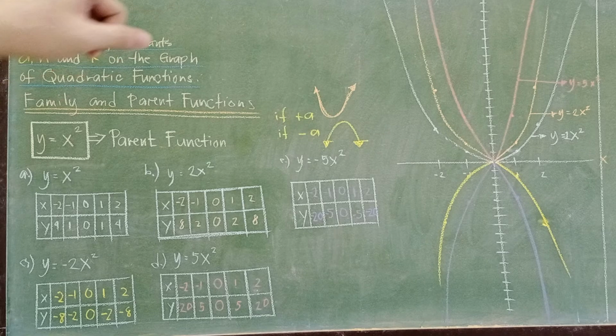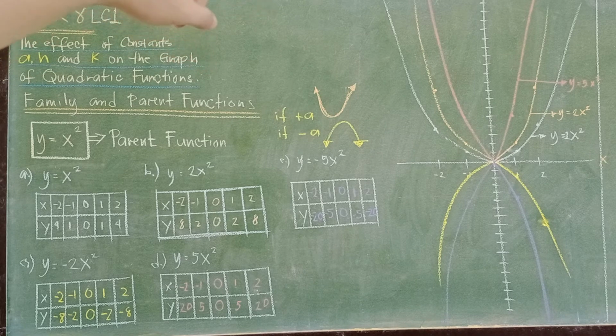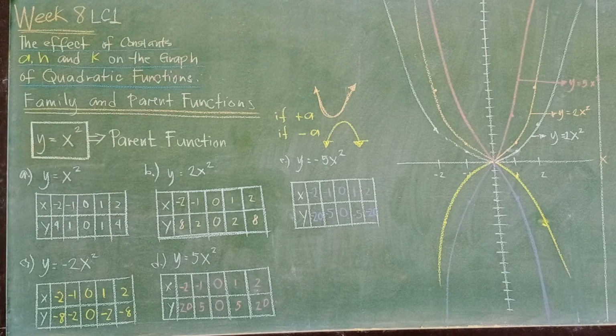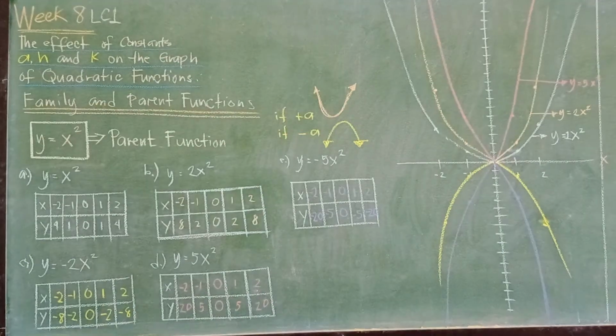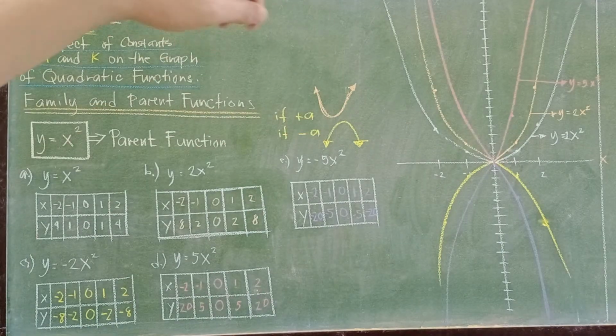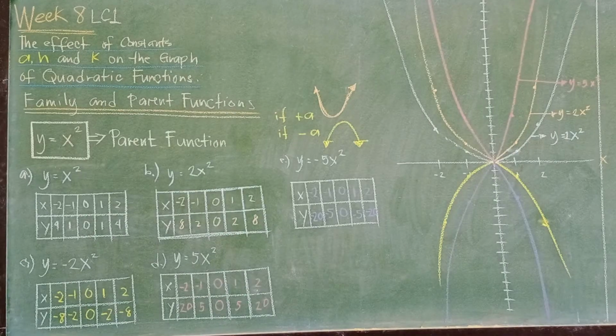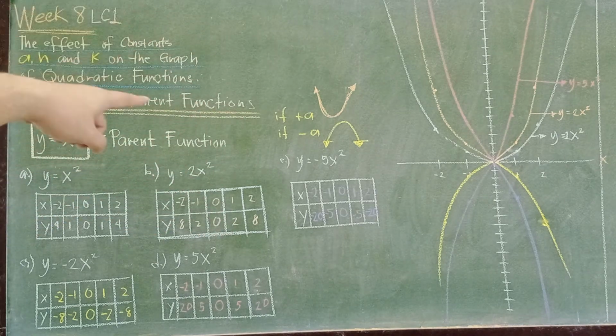So mapapansin ninyo, doon sa pink, yung 5x squared mas manipis kumpara doon sa 1x squared. Yun naman sa ilalim, yung negative 2x squared na kulay yellow mas malapad kumpara doon sa negative 5x squared.